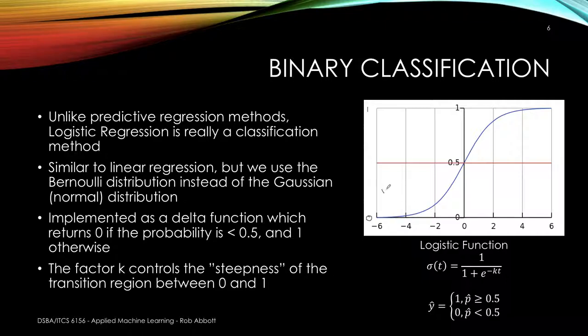So my prediction of y. So when you see this hat over the top of any variable, that means it's a prediction. So this will be the output of your model. For a given function, so in this case, I'm using a logistic function to predict an output.